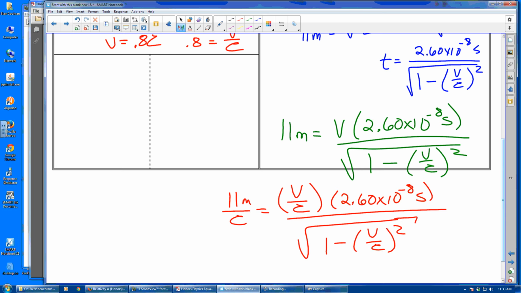Now I can think of that just as one variable. It avoids putting in the value for C and then having to do it again. So now I'm going to put this into Wolfram or my calculator.